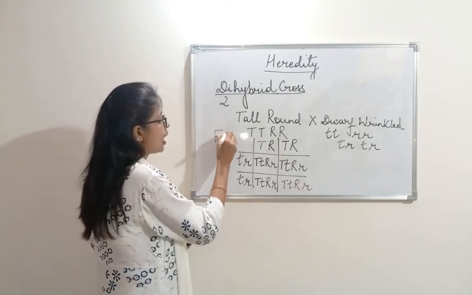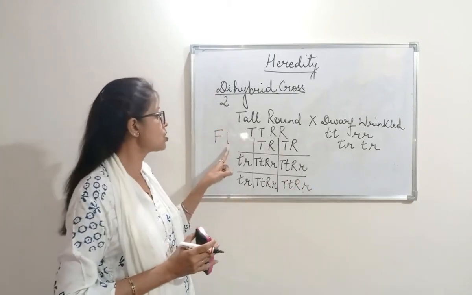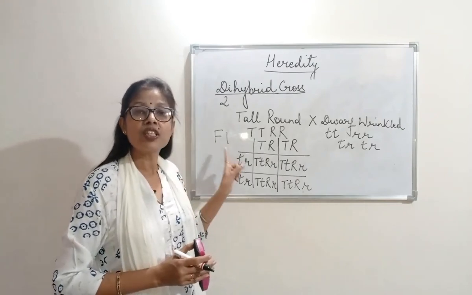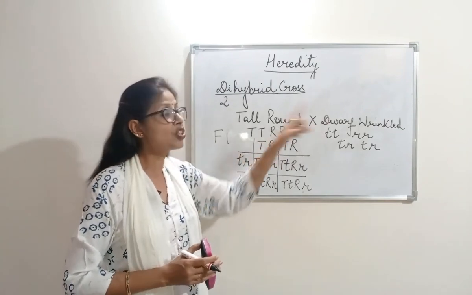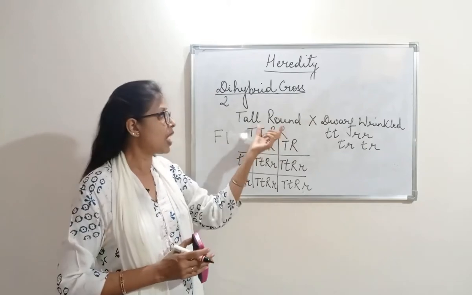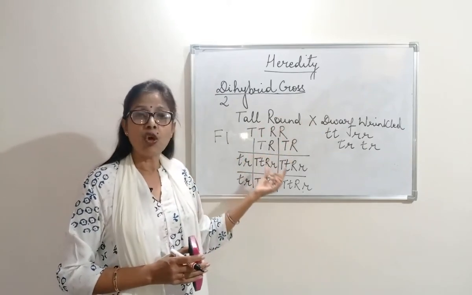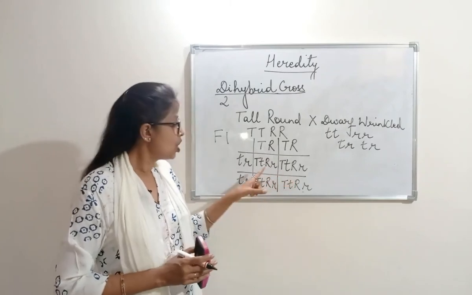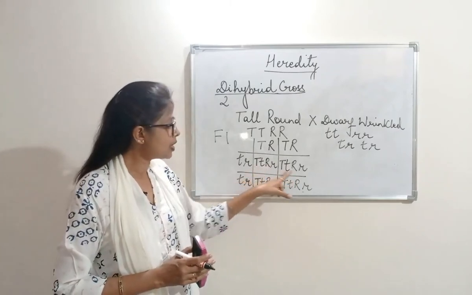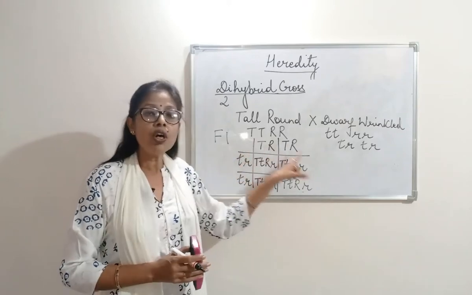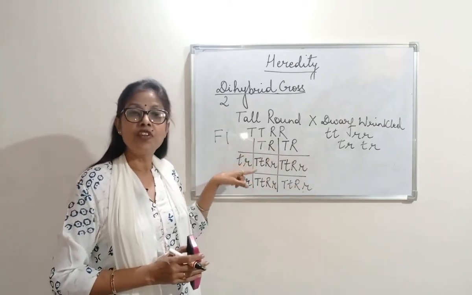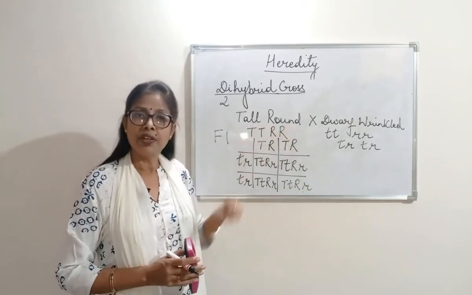This is in the F1 generation, the first filial generation. First filial generation means the first cross that took place. The result that he obtained in F1 generation was again capital T, capital R in all. So all the offsprings produced were tall and round.